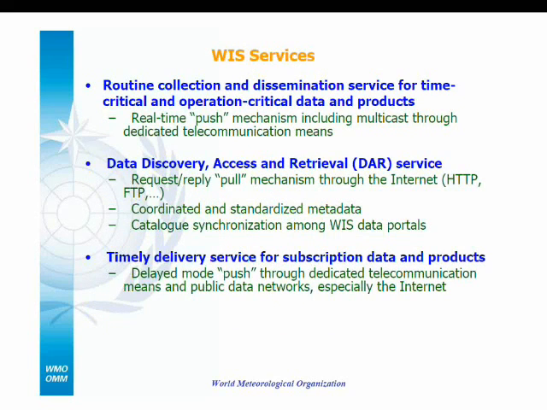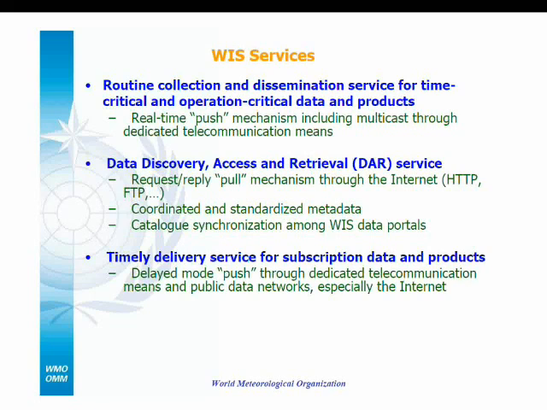WIS services are categorized into three. First one is routine collection and dissemination for time critical and operational critical data and products. Second one is data discovery, access, and retrieval service. We call it DAR service, in short. This mechanism is based on request-reply technology, like the internet.